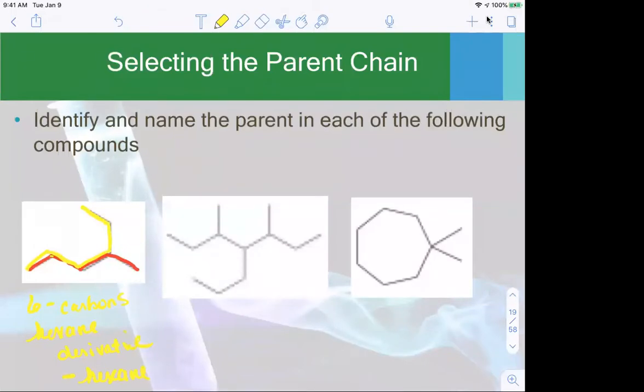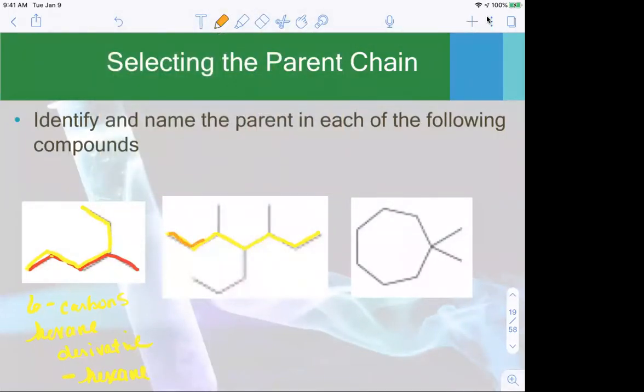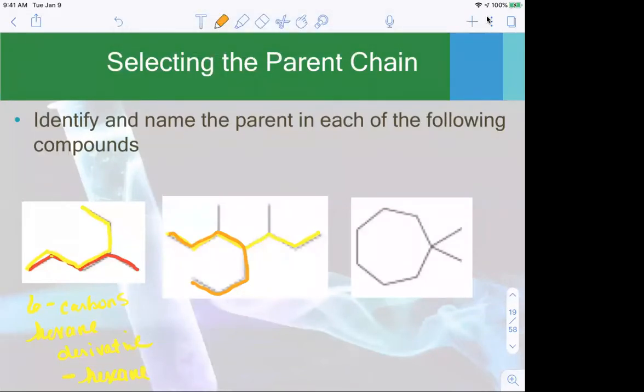Let's look here. I could do 1, 2, 3, 4, 5, 6, 7. I could also do 1, 2, 3, 4, 5, 6, 7. I have a tie here. I have 7 and 7, right? Let's look at which one has the most substituents.